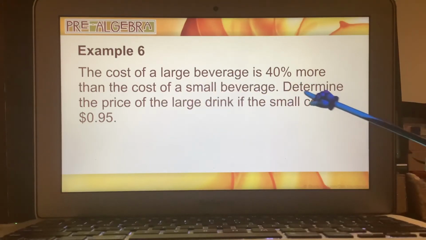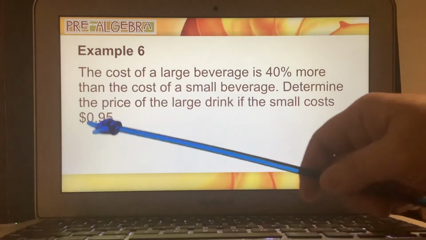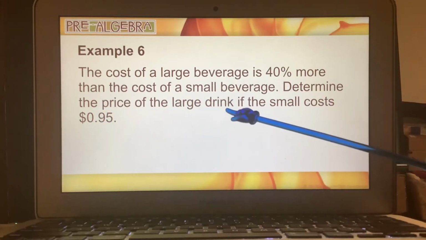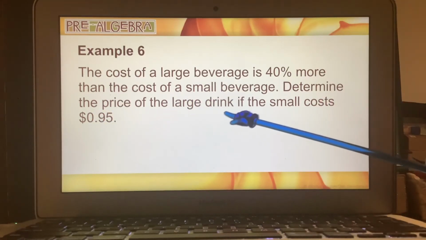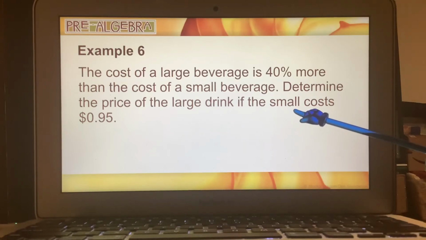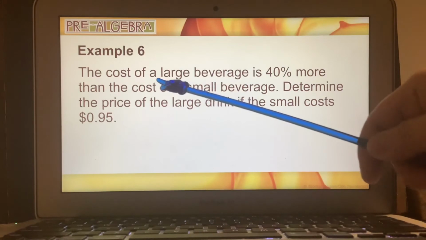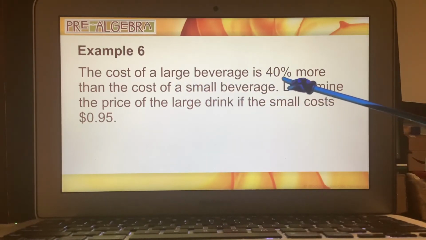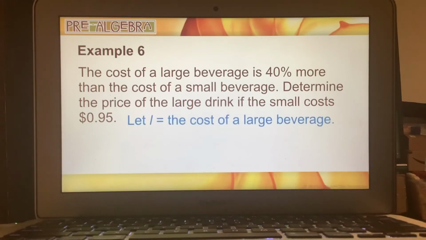Determine means you have to solve or find out. Determine the price of the large drink. So the small costs 95 cents and the cost of the large is 40% more than the price of the small. So let L equal the cost of the large beverage.